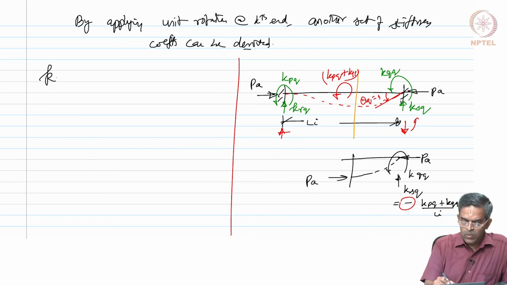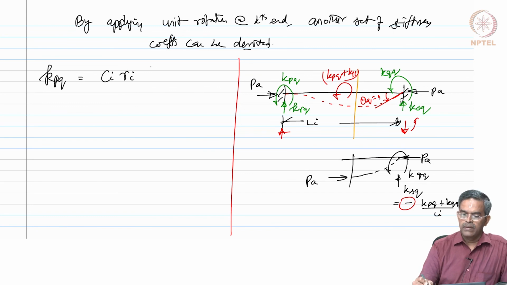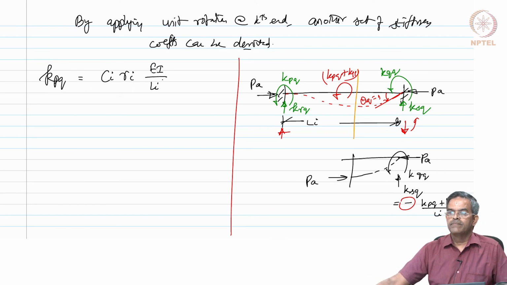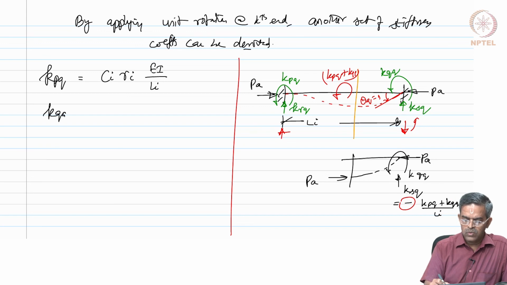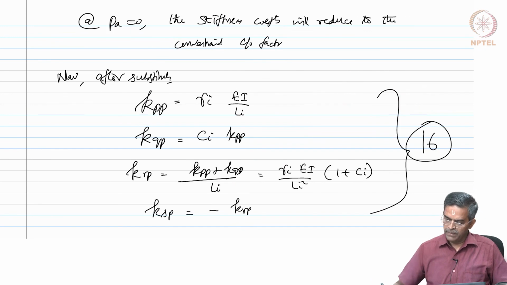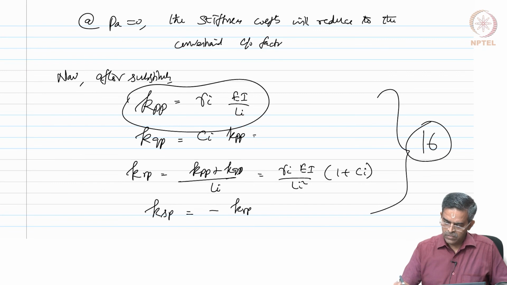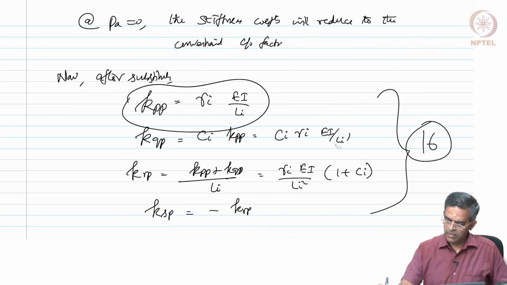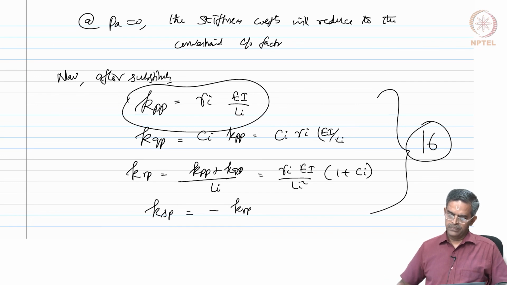So, KPQ will be Ci Ri Ei by Li and KQQ will be Ri Ei by Li. It is similar to what we had here, which is also Ci Ri Ei by Li, is it not? Right.